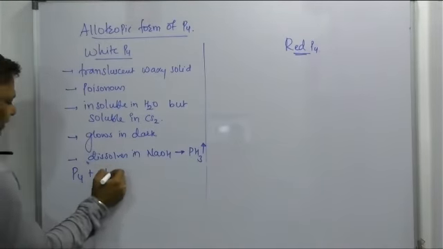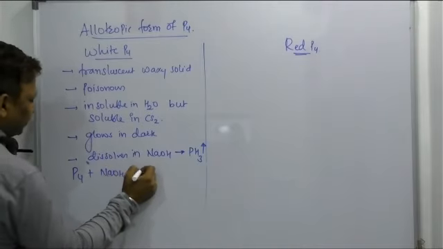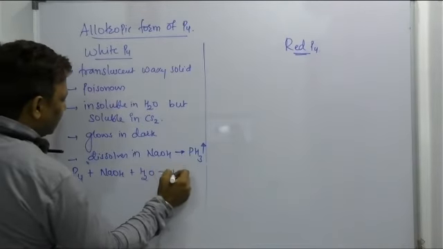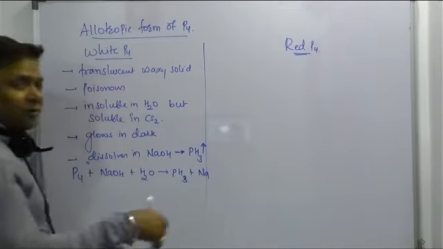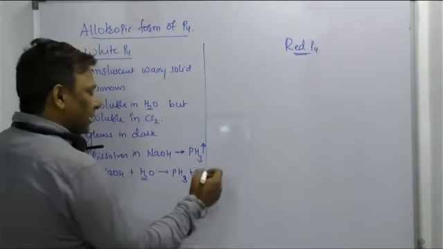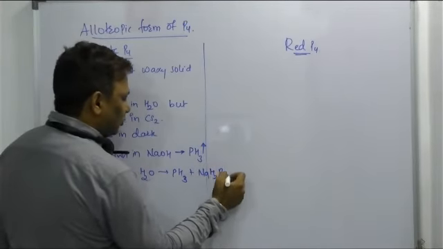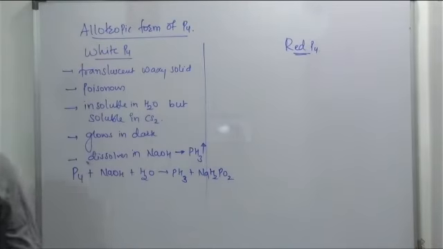On combining with NaOH in aqueous form, meaning water should be there, it liberates phosphine gas, and it also forms a salt, NaH2PO2, sodium hypophosphite. NaH2PO2 is formed by the reaction of white phosphorus with NaOH.